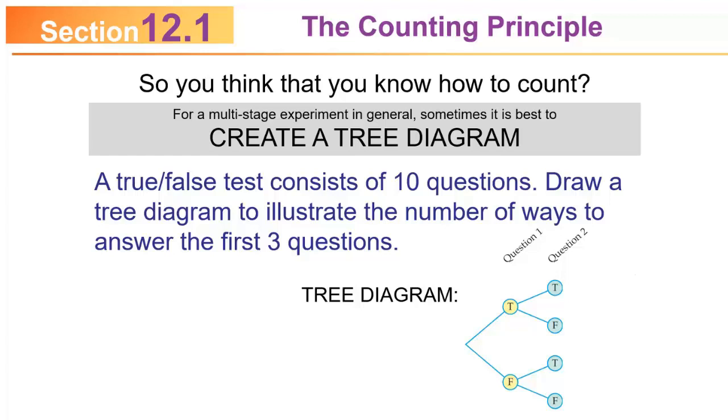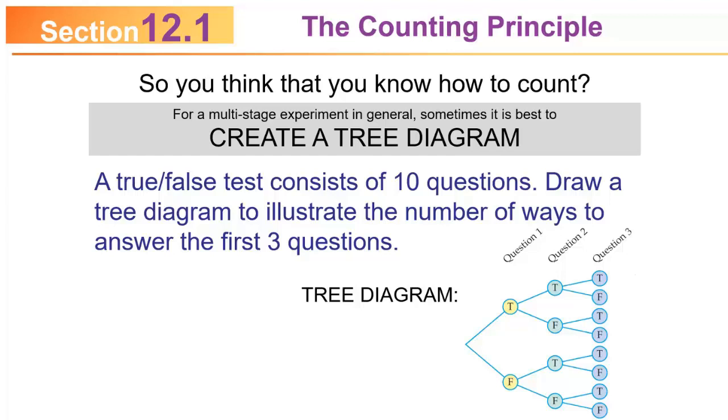It's a 3-question test. It would be one more set of branches. And so at each stage, each node has a true-false branch. That's the reason it's called a tree diagram. It sort of looks like the branches of a tree.